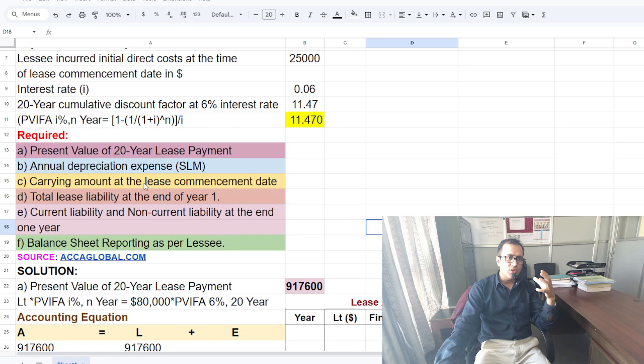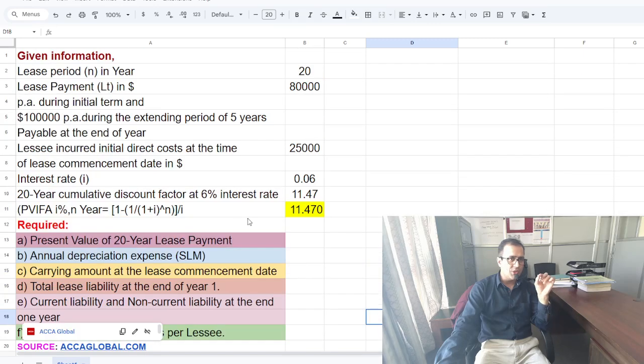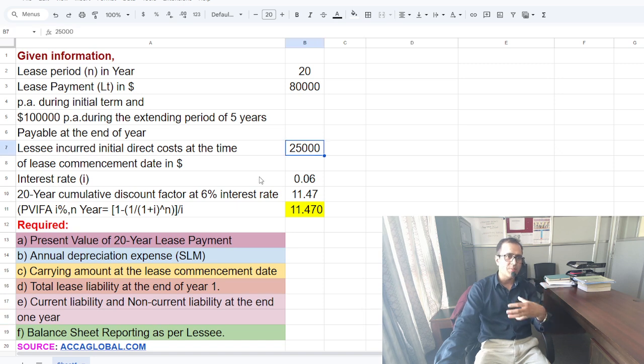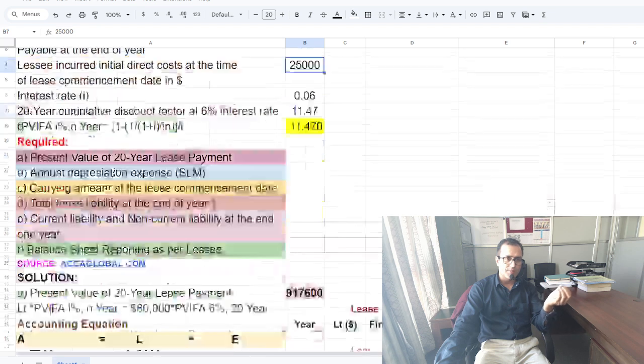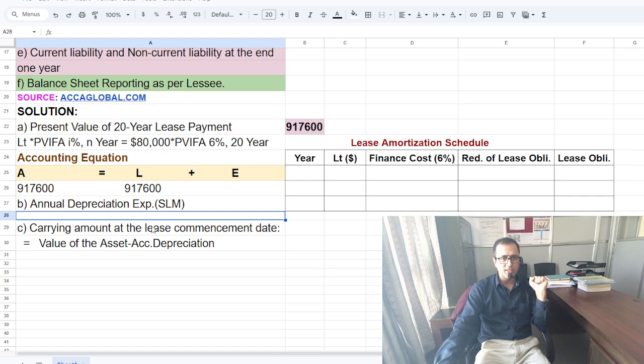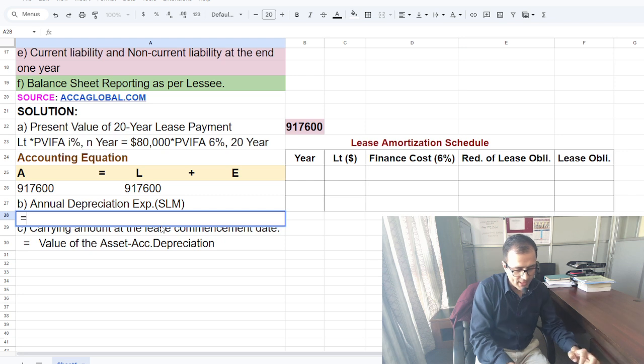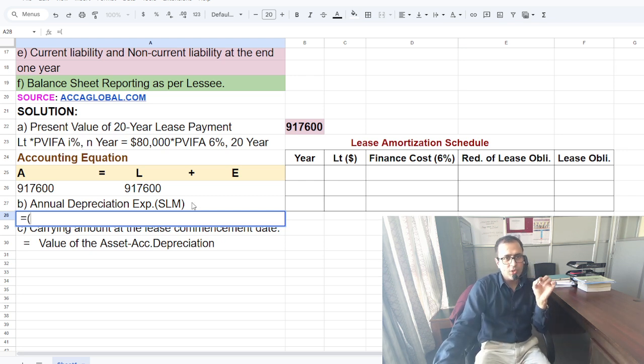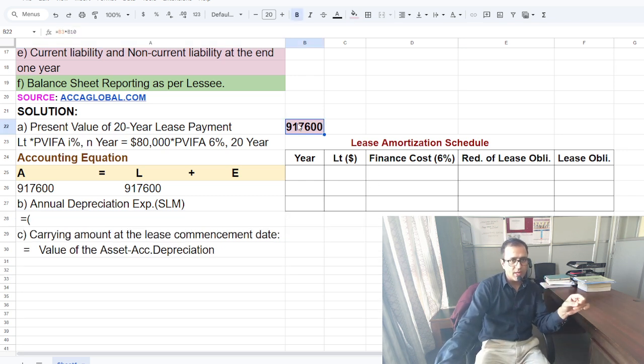Now what about the annual depreciation expense? For that you need to understand the given information again. Since the lessee spent 25,000 at the lease commencement date, to find the annual depreciation charge, first you need the present value of the lease payment.